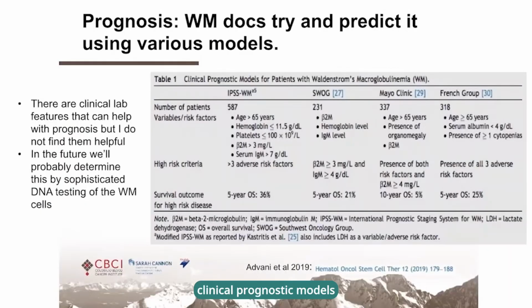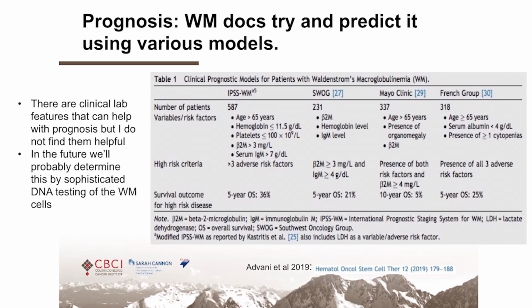These are different clinical prognostic models, reviewed by Dr. Advani last year. Basically the one that's probably most in vogue right now is on the far left there. It's called the IPSS WM, and they identified several factors that, when taken together, said that your survival may not be as long as somebody else who doesn't have these factors with WM.